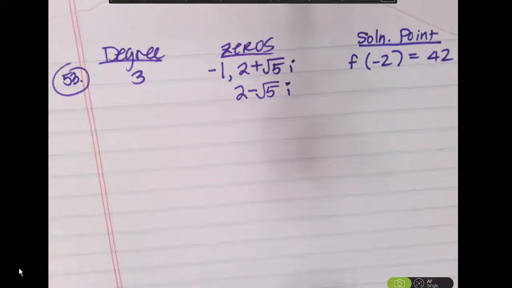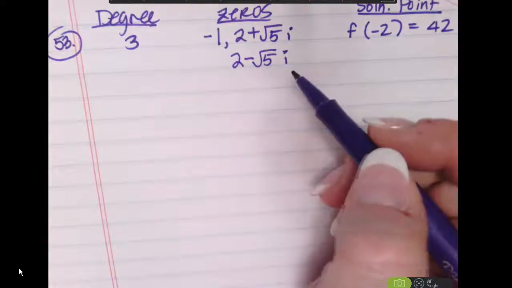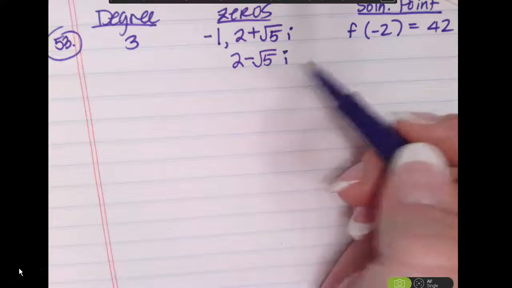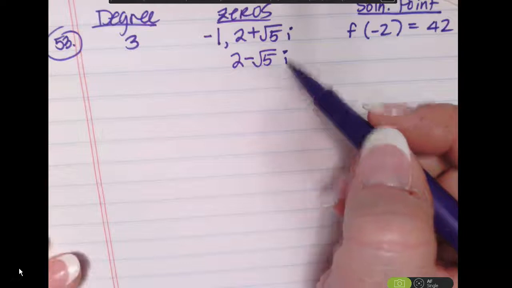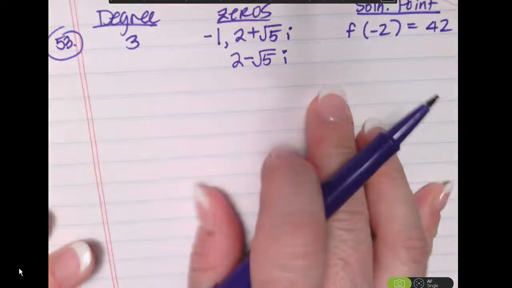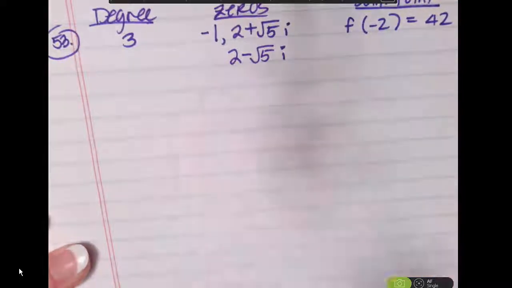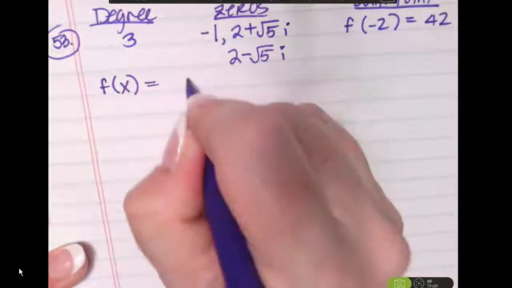So even though we know another technique that we could use to find this polynomial, instead of doing all those long FOIL problems, they're going to have us multiply together all of the factors, but then there's some extra factor A that we still need to be searching for.